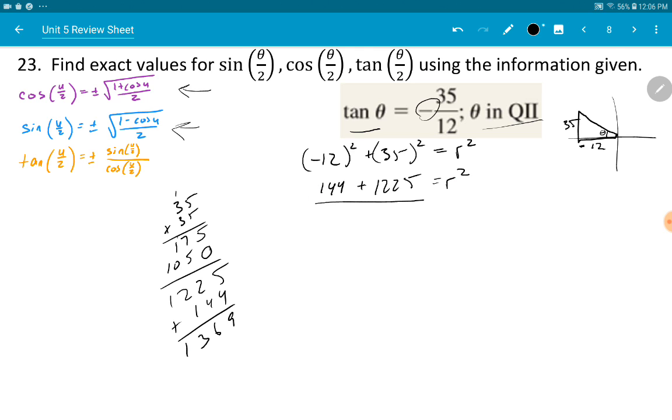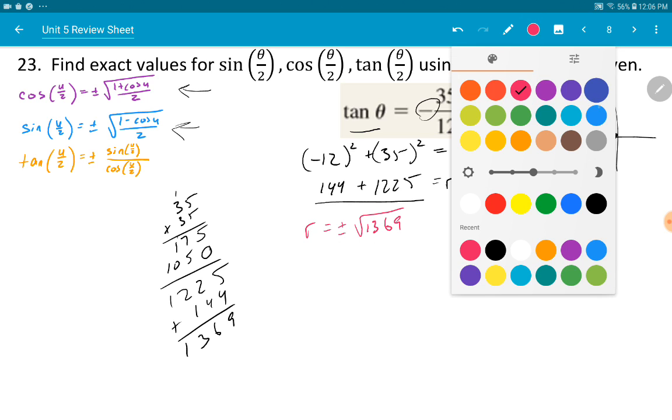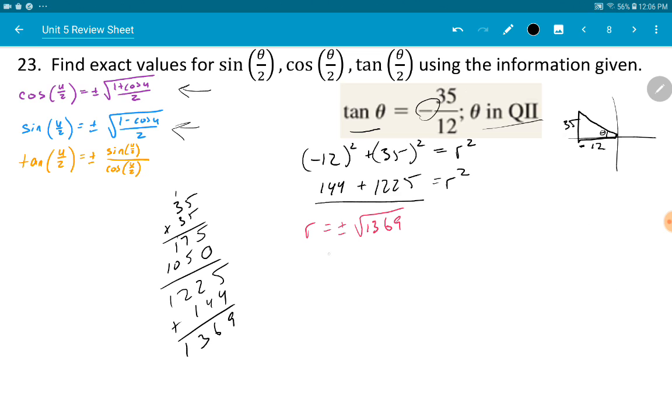So I take the square root of both sides. R equals the square root of 1369, which I know will be positive because it's a hypotenuse. R is always positive, so it's going to be positive 37. I'm okay with the calculator for that square root. That's not one I would expect you to have memorized.